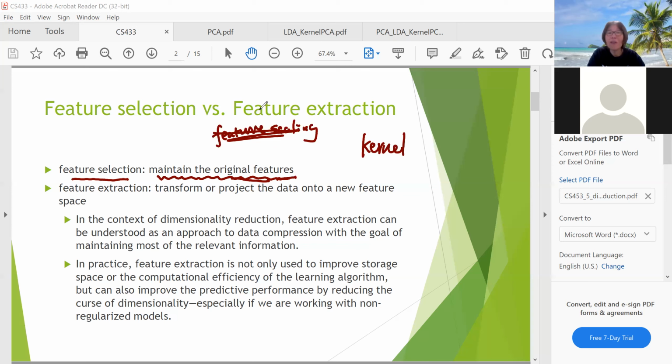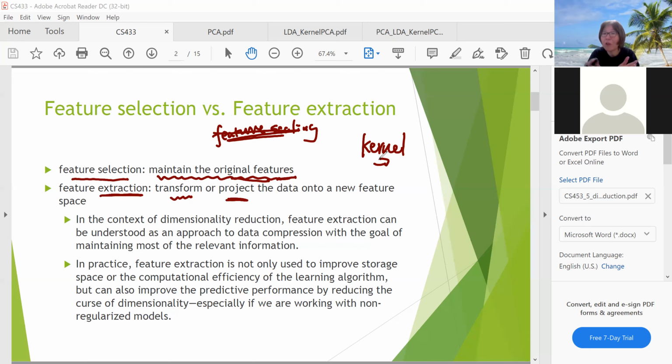There is another concept in feature engineering called feature extraction. Okay, so this time it's extraction. This time it involves projecting or transforming, so there is some math technique behind it. Kind of like the kernel.